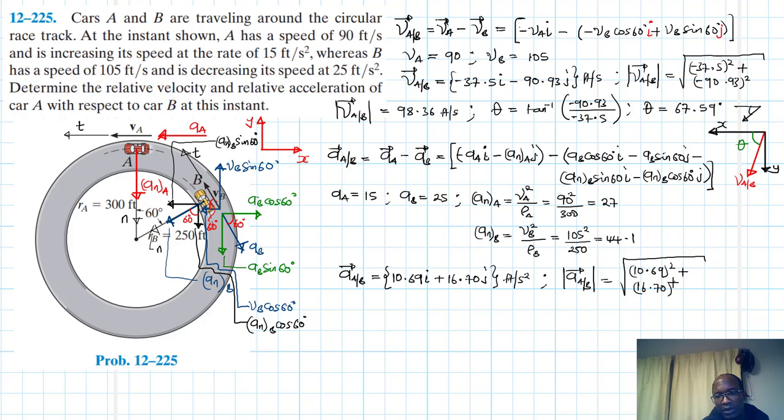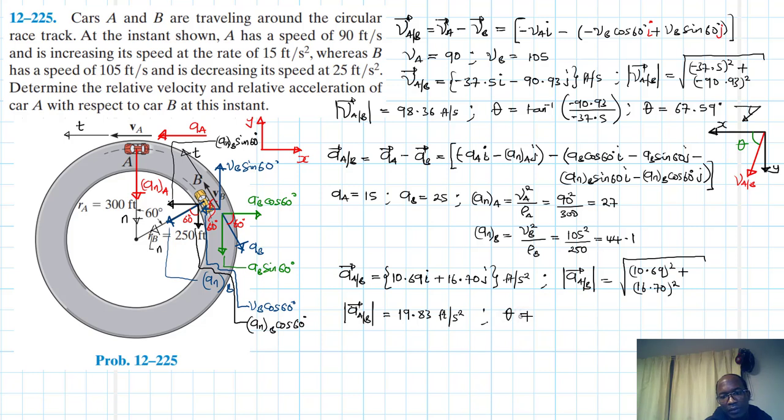We have 10.69 squared plus 16.70 squared, square root of that, which gives 19.83 feet per second squared.